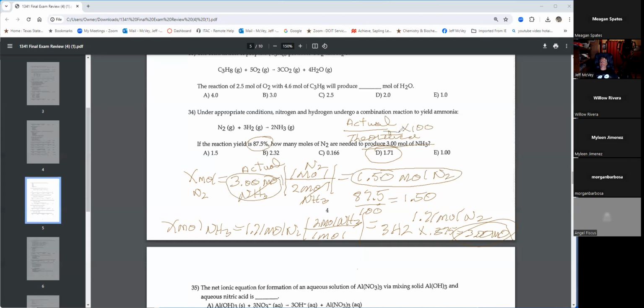Okay. So what are we looking for? We're looking for the theoretical amount that I need to start with. And so this is what we're after. But this is equal to 87.5%. Okay, so this is what I'm solving for.